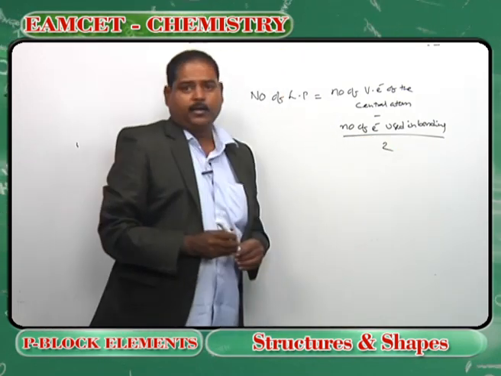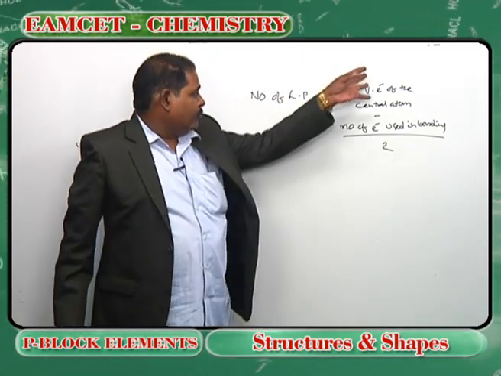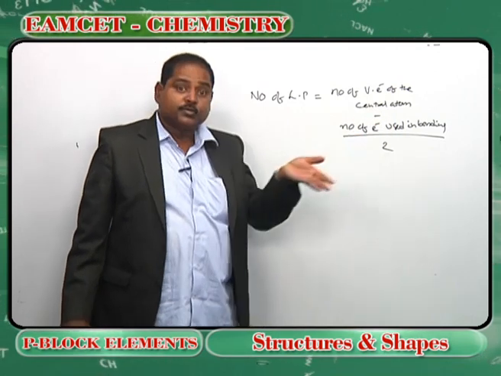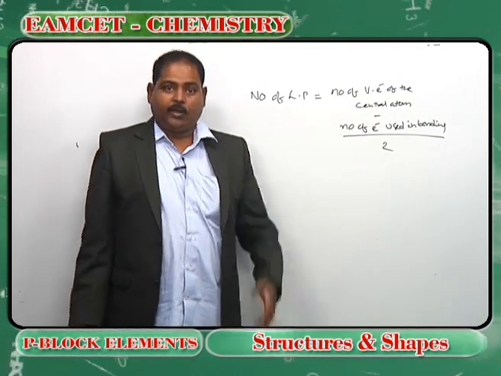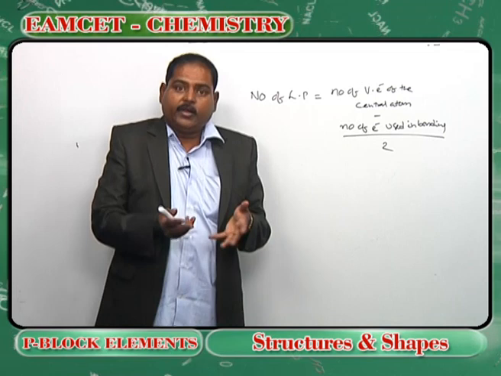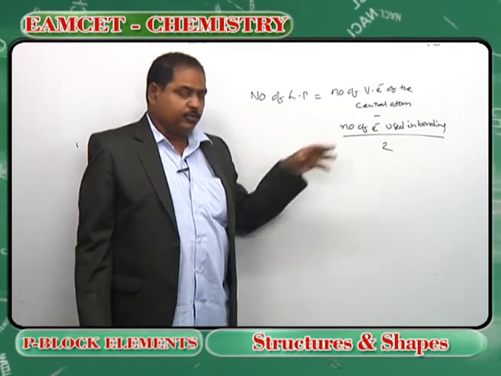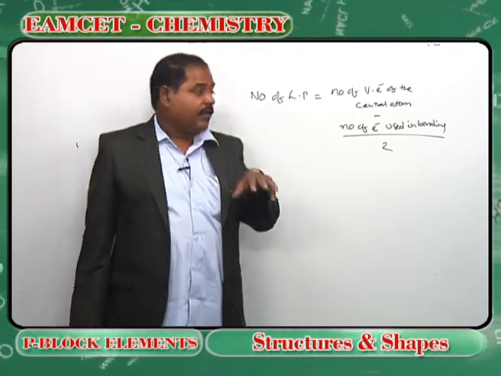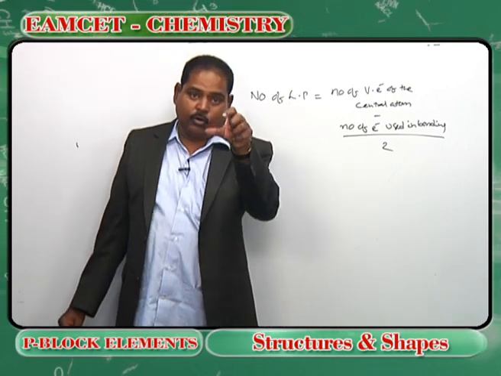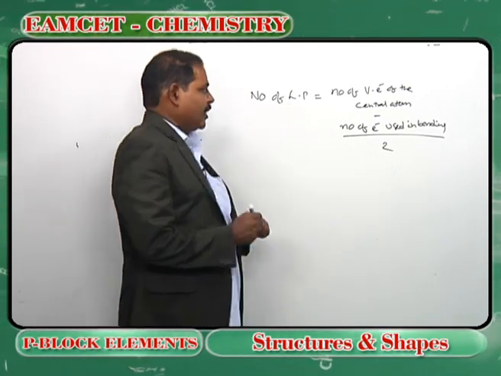It is very simple. How many electrons you have and how many of them you have spent, divided by 2, will give you the number of unused electrons, which is called a lone pair.